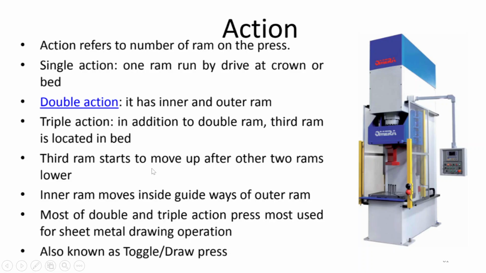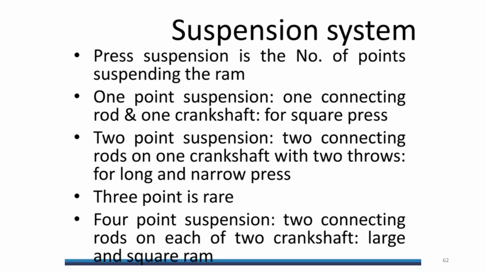The third ram starts to move up after the other two rams start lowering. In this case, the inner ram moves inside the guideways of the outer ram, and most double and triple action presses are used for sheet metal drawing operations, and these are also known as toggle and draw presses.